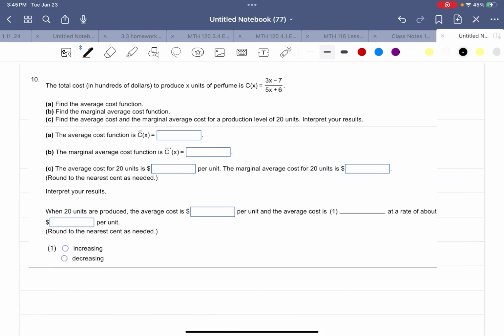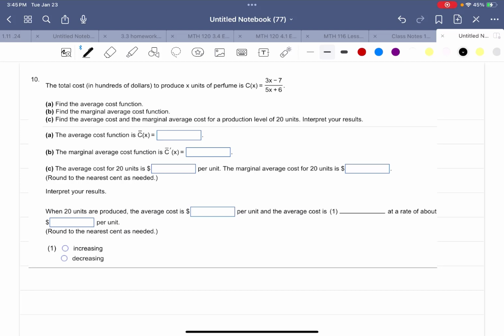Number 10. The total cost in hundreds of dollars to produce x units of perfume is C of x equals 3x minus 7 divided by 5x plus 6. Find the average cost function. Find the marginal average cost function. Find the average cost and the marginal cost for production of 20 units. Interpret your results.